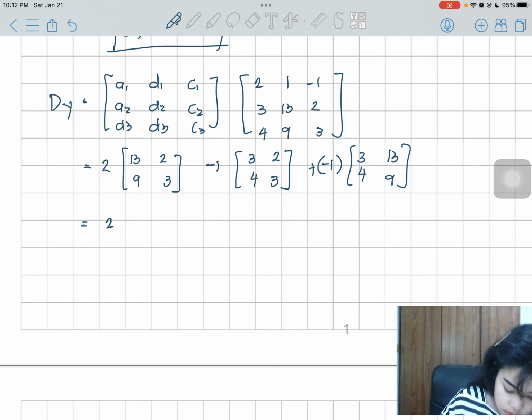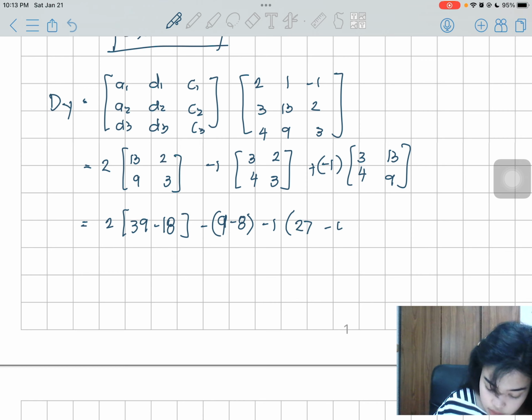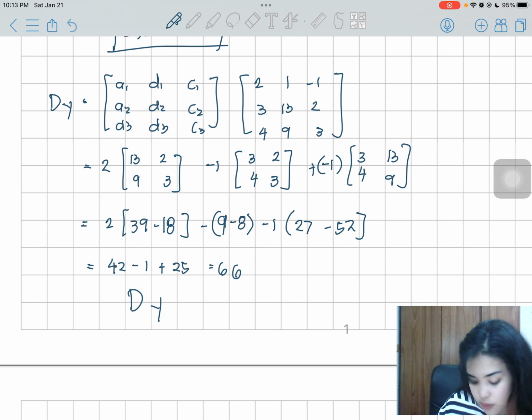That is 2 times 39 minus 18, minus 9 minus 8, minus 1 times 97 minus 52, which equals 42 minus 1 plus 25, which equals 66. So our Dy is equal to 66.